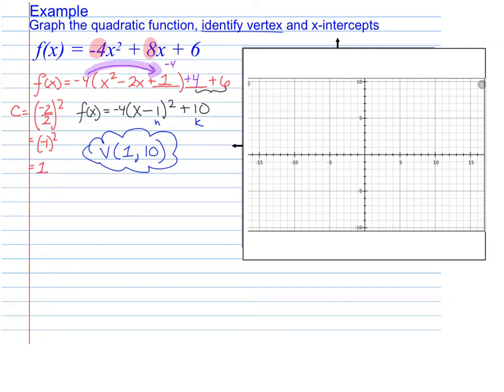The way I like to graph it is by using my vertex and then using the step pattern. The step pattern is basically an easy way of seeing the difference between any values that you plug in.